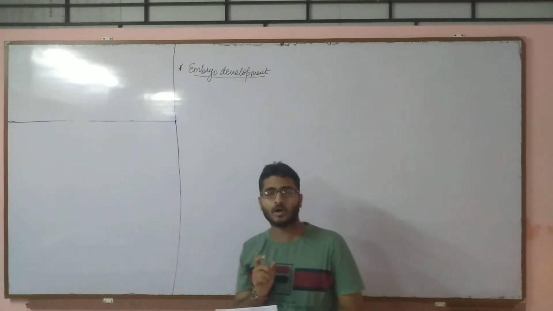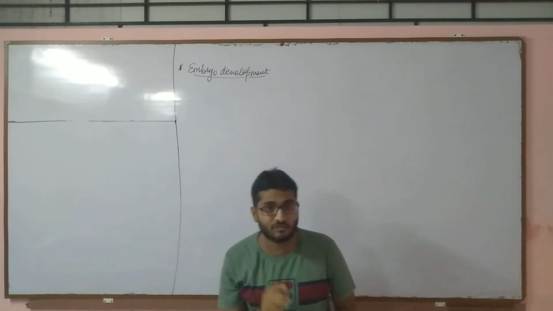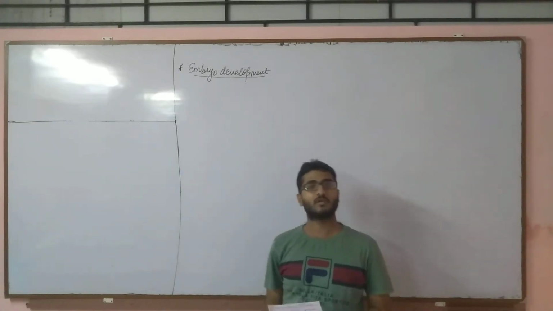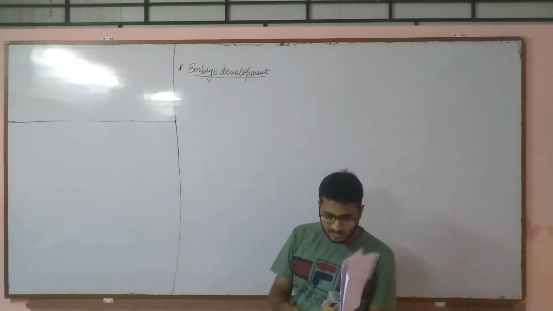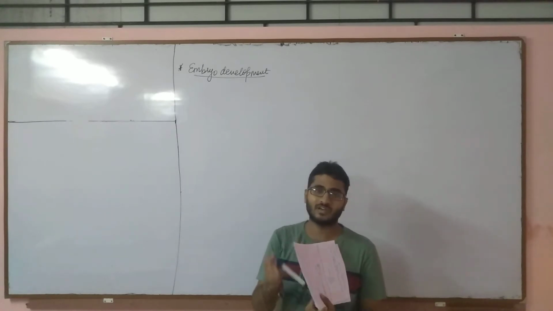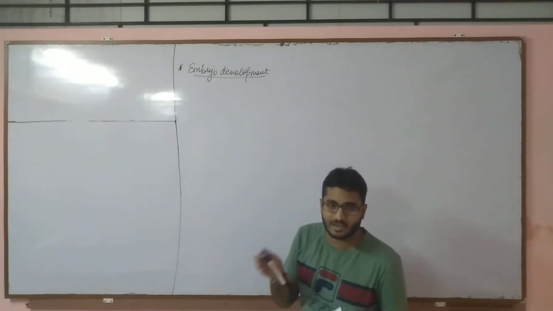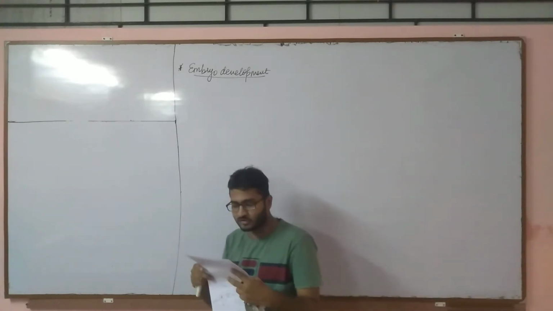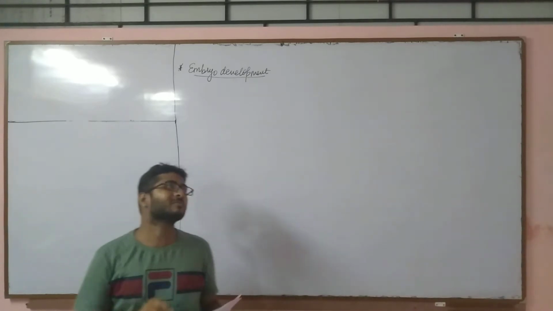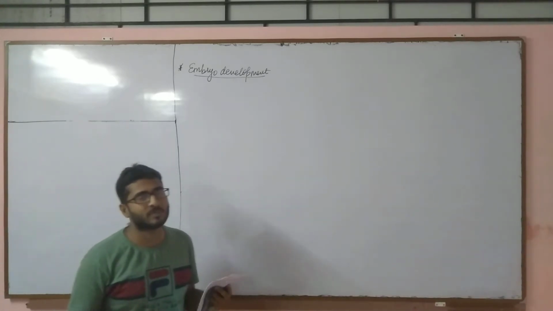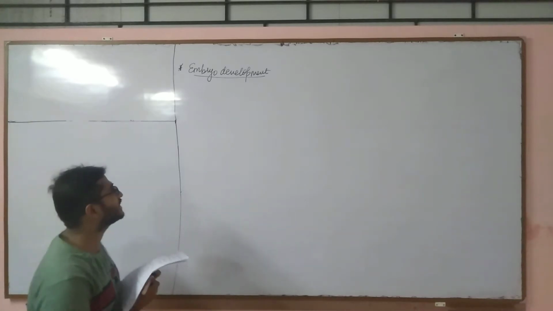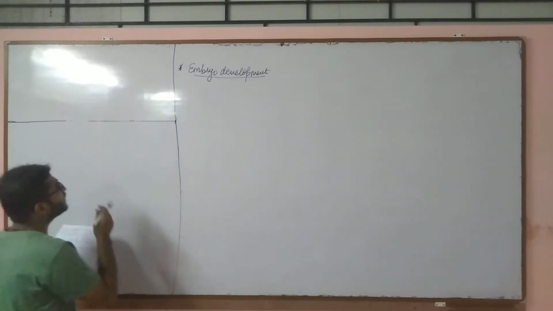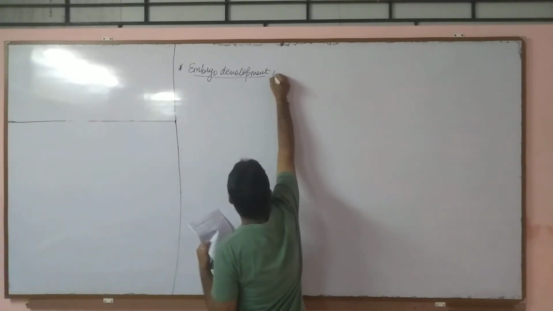Once a sufficient amount of endosperm is developed, the embryo development will start. This embryo development is divided into two, that is in case of dicotyledonous as well as monocots. Today in this segment we will discuss embryo development in dicots, that is the dicotyledonous plants.